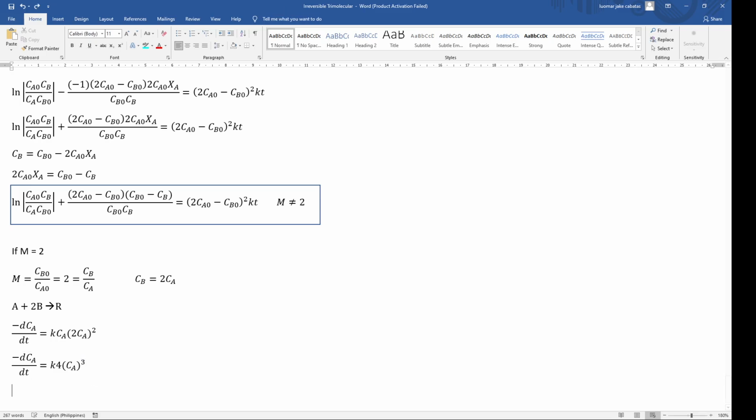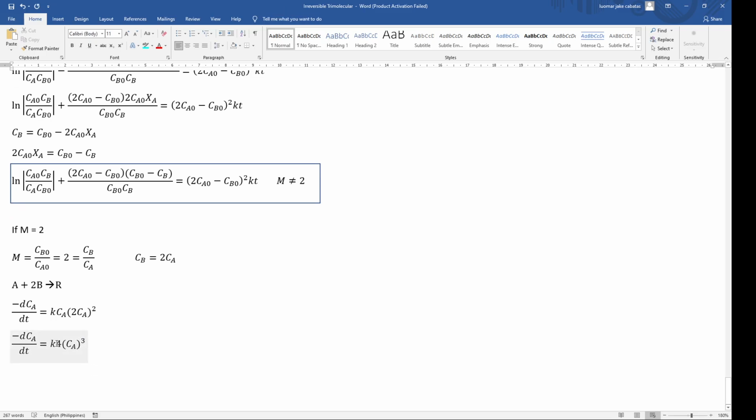Then because CA and t are our only variables, we could do separation of variables.